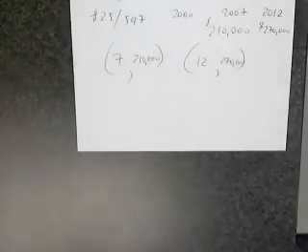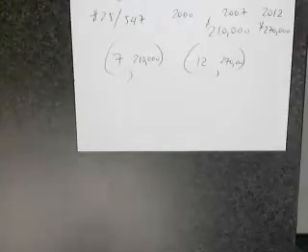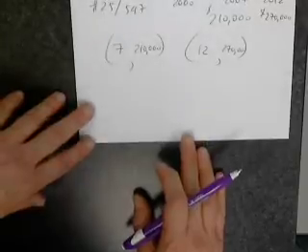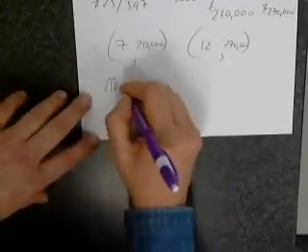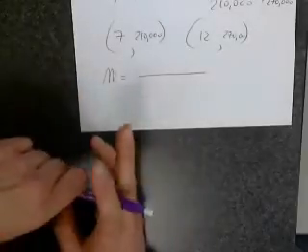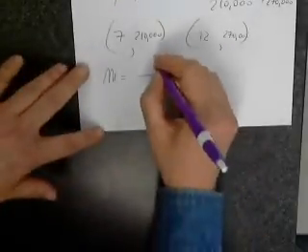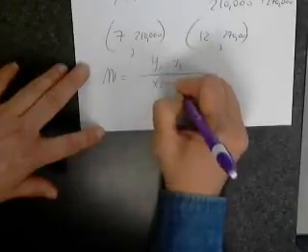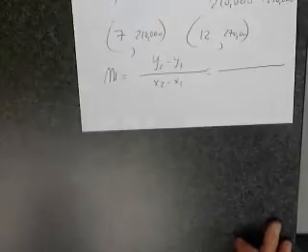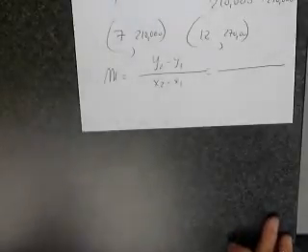What do I have to do first? What do I need to determine first? The slope? Very good. Can anyone dictate the slope? You should write the definition y2 minus y1 over x2 minus x1, which is rise over run, and then fill in the numbers. So y2 minus y1, what should I write?